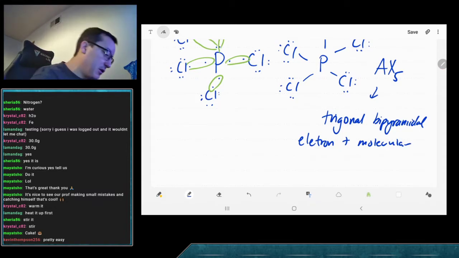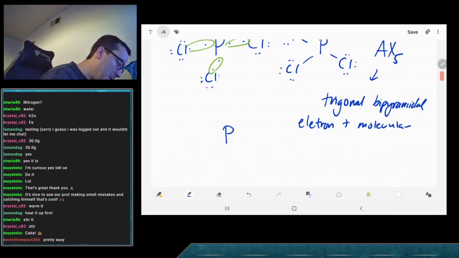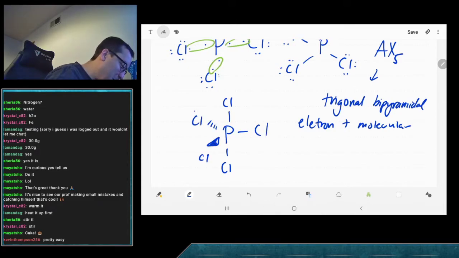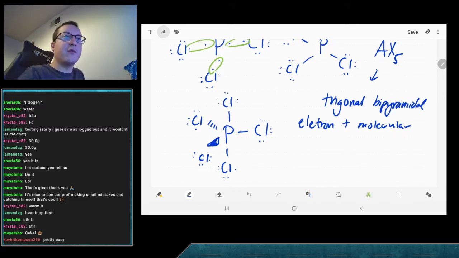So if we were to draw it with a nice shape, we would draw the trigonal bipyramidal shape, which has one up, one down, one to the side, and then kind of one going towards us, one going into the board, or tablet or whatever.